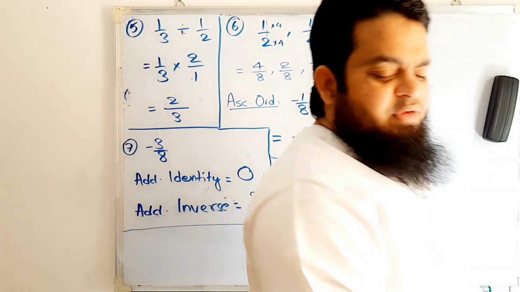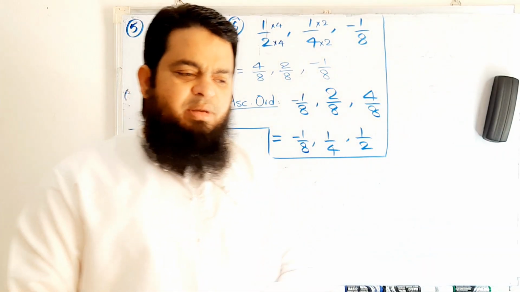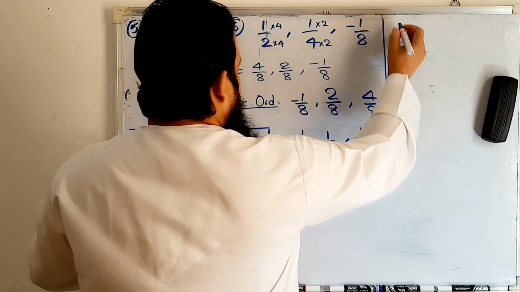Now, divide the sum of 1 by 4 and minus 1 by 7 by their difference. See, this is a very good problem, so I will start from here.